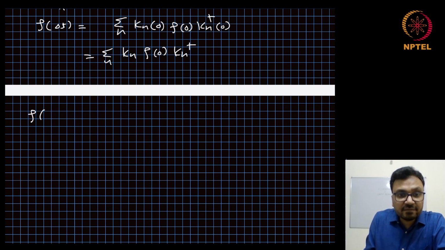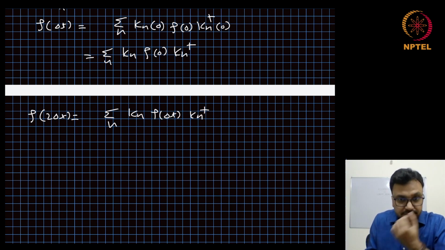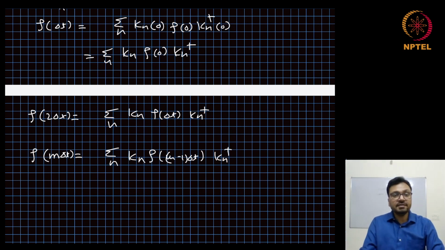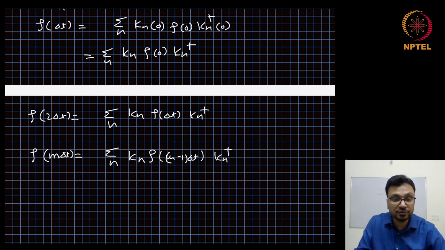And from there we can have rho of 2 delta t, which is sum over n, Kn rho of delta t Kn dagger. Similarly, rho of m delta t will be sum over n, Kn rho of m minus 1 delta t Kn dagger. In that way, we can evolve the state in discrete times from the start to the end.